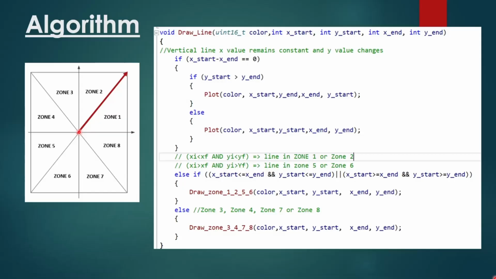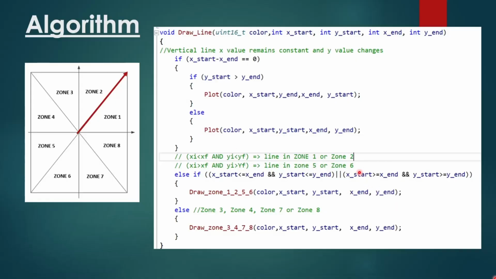The x value at the start is less than the x value at the end. And then we ask, is the y start less than the yn? And that's also true because the y start is at this point and the yn is going to be true. So if these two statements are true, then we say that we're in zone 1 and 2.